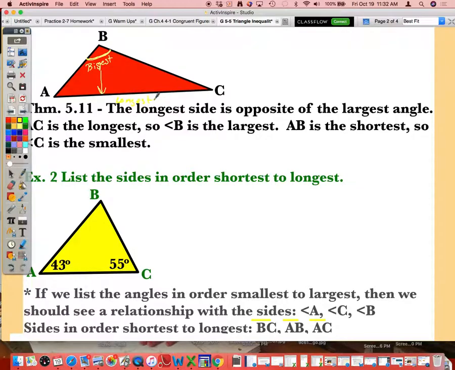And if that's the biggest, what's going to be the smallest angle? Right here, this is our smallest angle. Go directly opposite, and this should be the shortest.